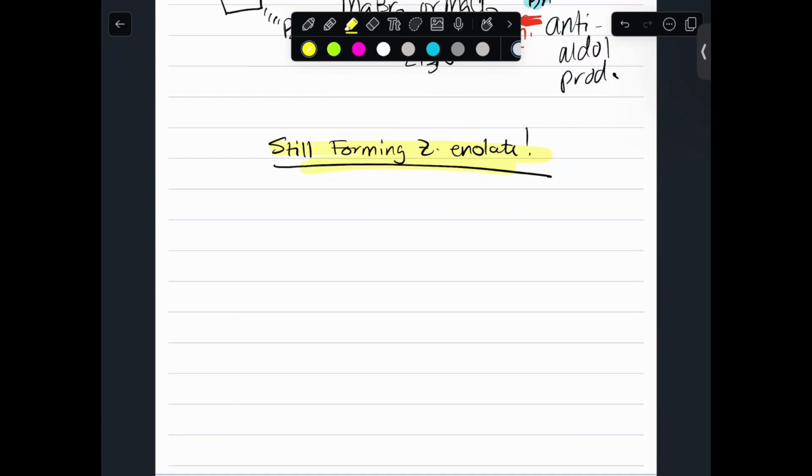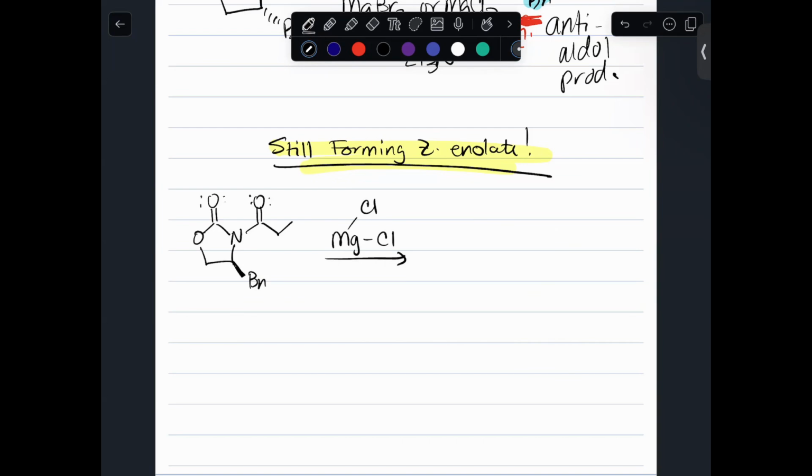So let me go ahead and draw out the mechanism. And we already know how to add an acyl group onto our oxazolidinone, so I'll save us some time. Presence of magnesium. I'll use magnesium dichloride. You can use magnesium dibromide. Again, it's a Lewis acid.